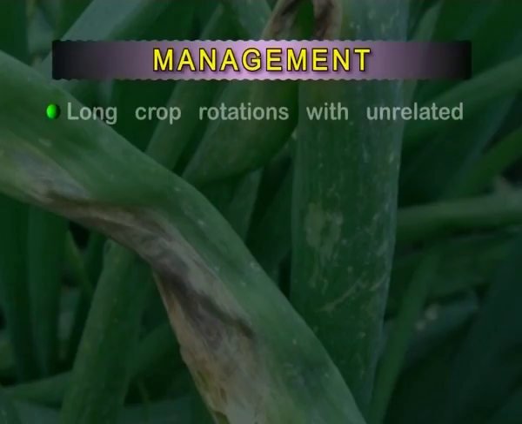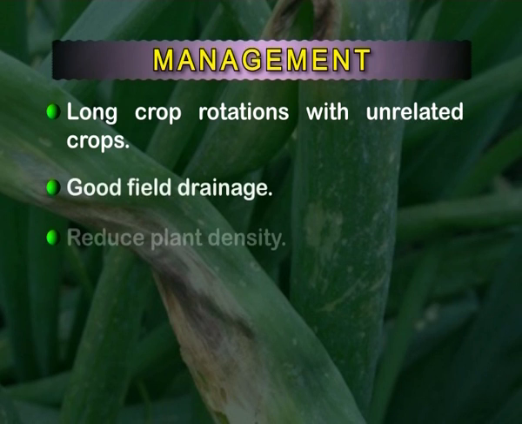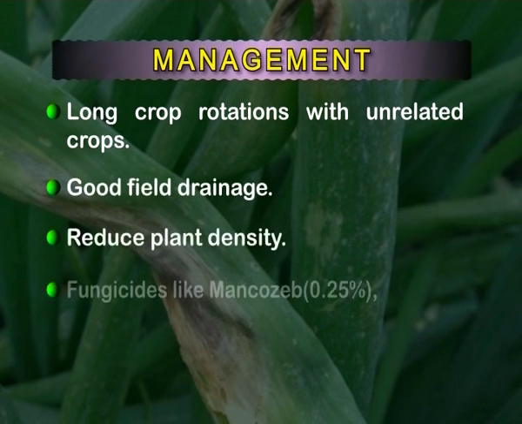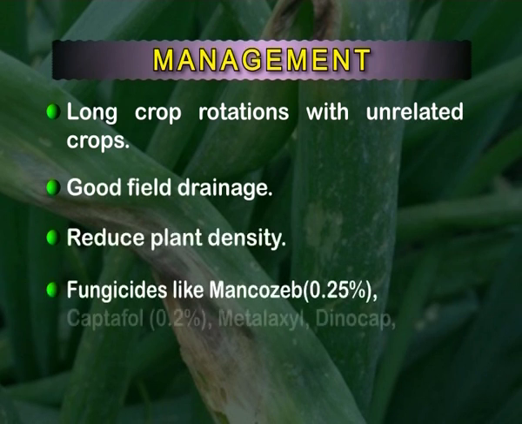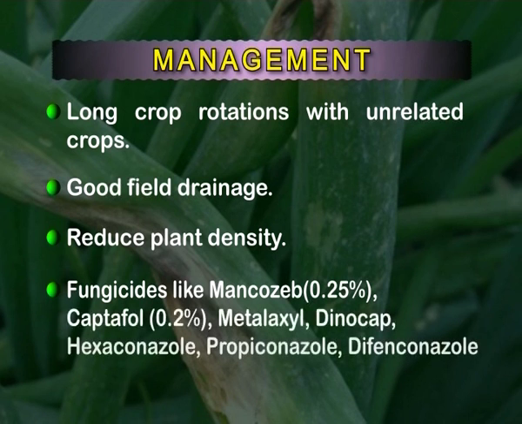Management. First one is long crop rotation with unrelated crops. Good field drainage, reduced plant density, and fungicides like mancozeb 0.25%, captafol 0.2%, metalaxyl, dinocap, hexaconazole, propiconazole, difenoconazole are effective.